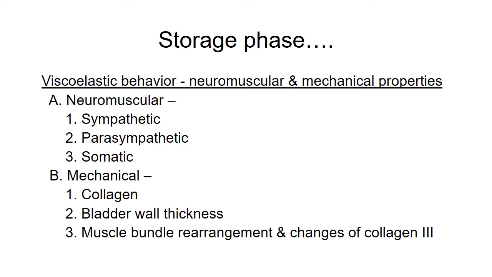During filling of the bladder, the viscoelastic behavior of the bladder depends on two things. One is neuromuscular and the other is mechanical properties. First, we can look into the neuromuscular properties.